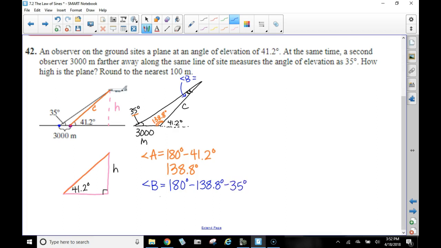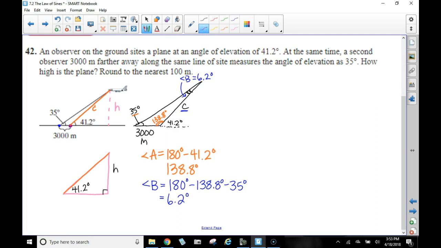So angle B is going to be 6.2 degrees. Little bitty. Now, I know that doesn't seem great, but we have enough information to use the law of sines to solve for side C, which is what we ultimately need over in the right triangle.